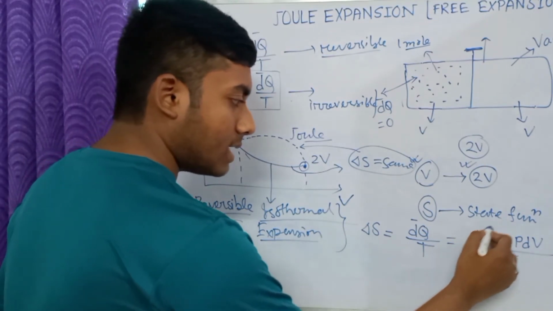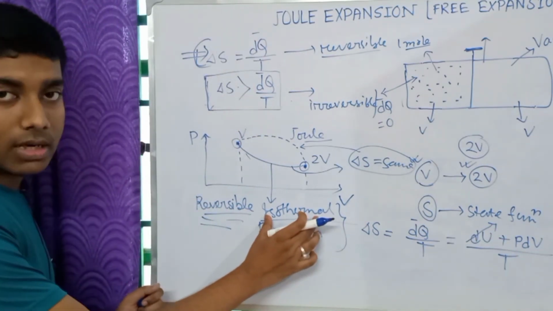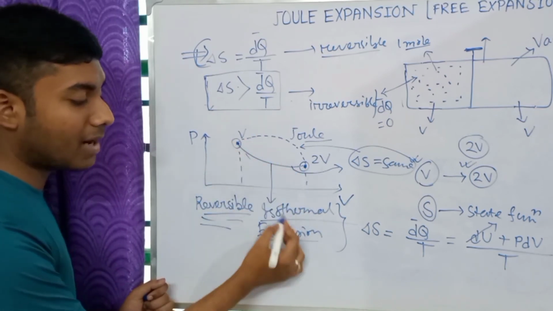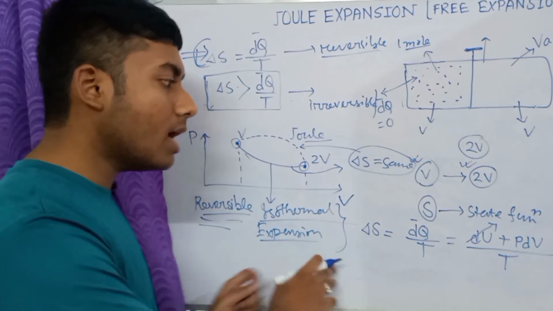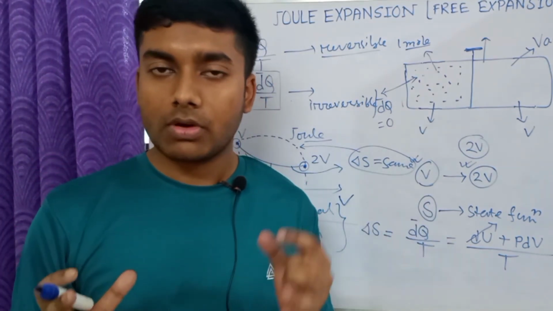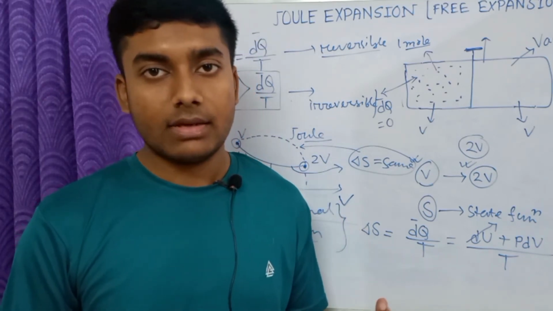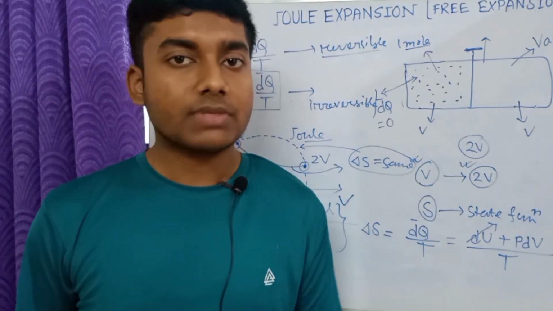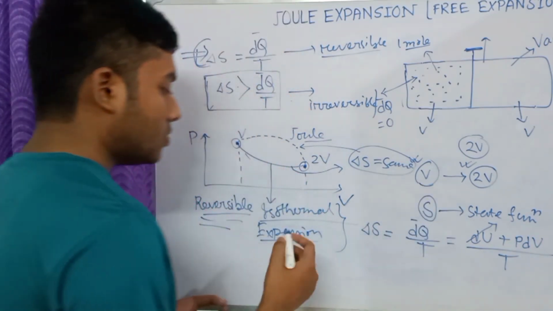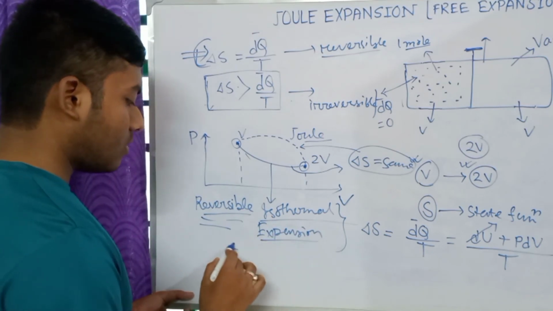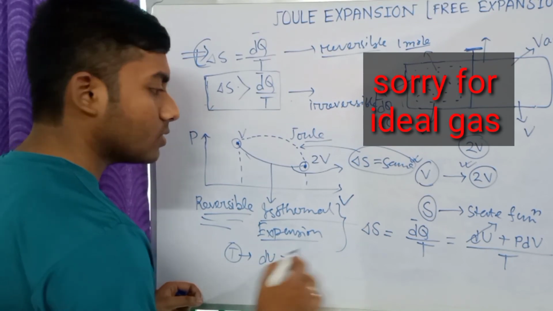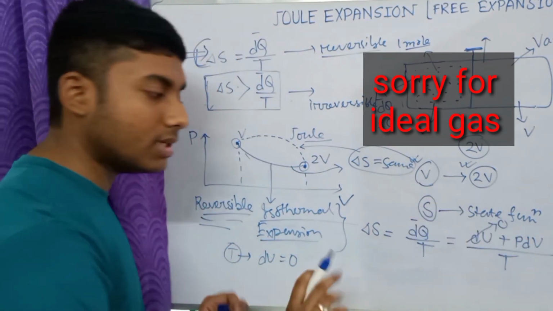As this path is an isothermal expansion, T is constant, and as T is constant, for an ideal gas, U must be constant and del U must be 0. So dU is 0 here.